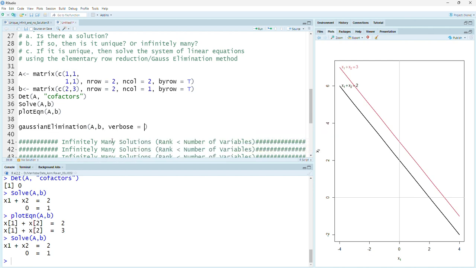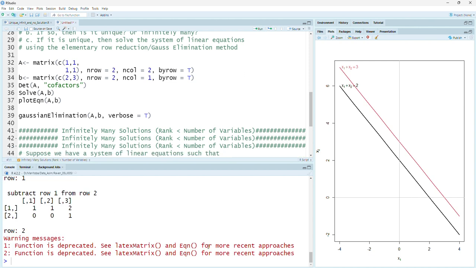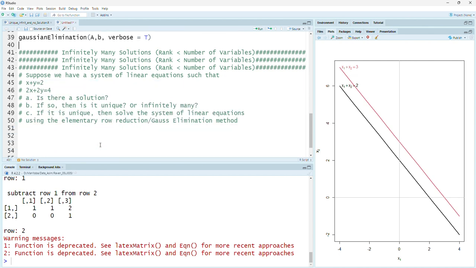You will see a warning, but still you will see that 0 is equal to 1, which is not possible. Like earlier, I will get the same thing, x1 plus x2 is equal to 2. Okay, anyways, let's move forward.